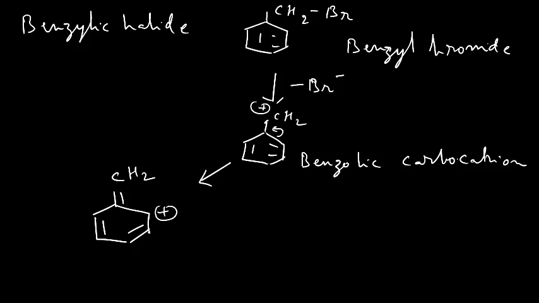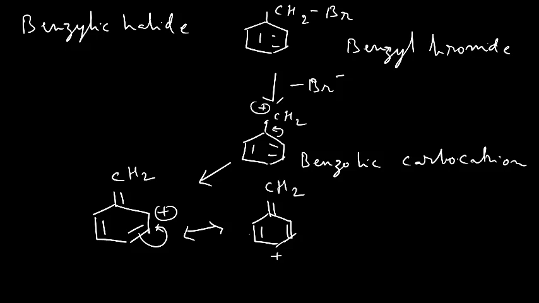So this is one resonance structure. Now this bond shifts here, so as the bond shifts, this center has the positive charge and the bonds are in this manner, CH2. This is another resonance structure.